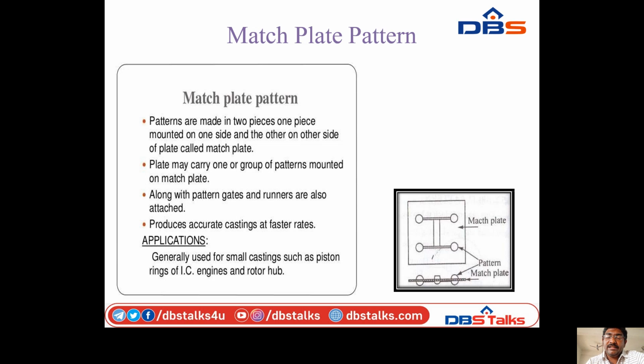Both parts are mounted on the match plate, withdrawn and used simultaneously to get the required mold cavity. So we can see the diagram of the match plate and pattern.